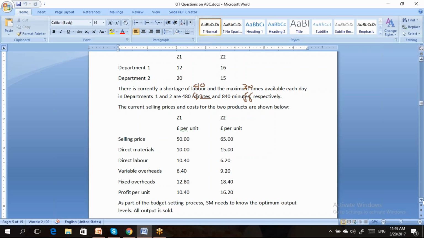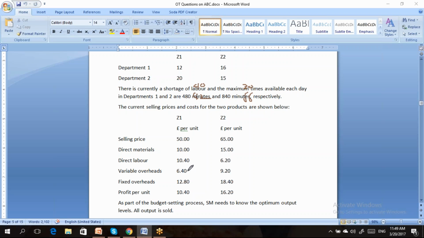Look at the variable cost. Direct materials 10, direct labor 10.40, variable overhead 6.40, fixed overheads 12.80. So what is your total contribution per unit? So 23.2, right? 23.2.